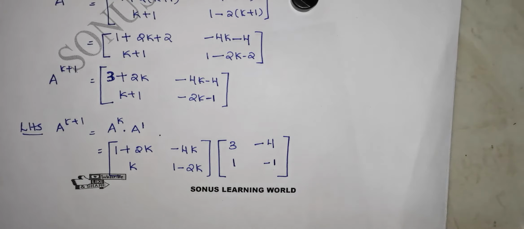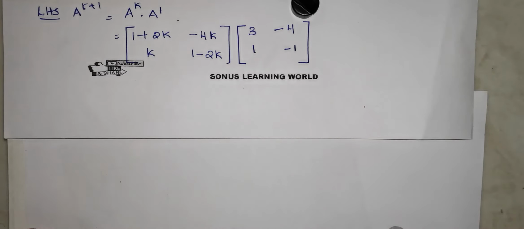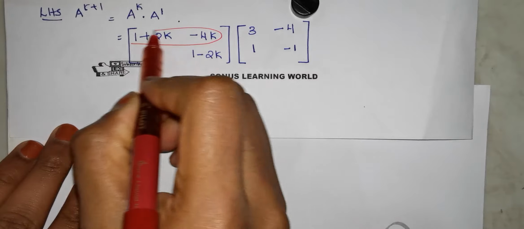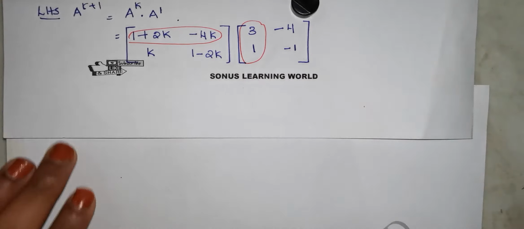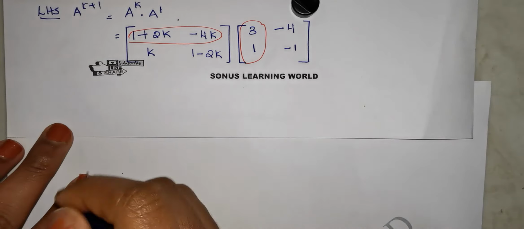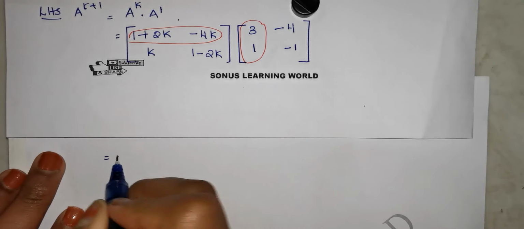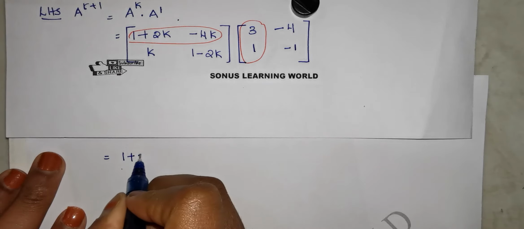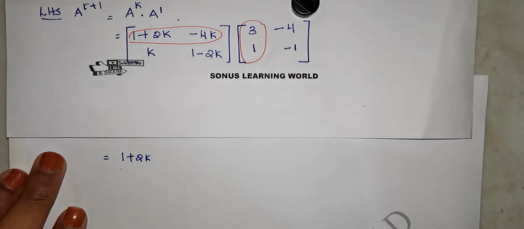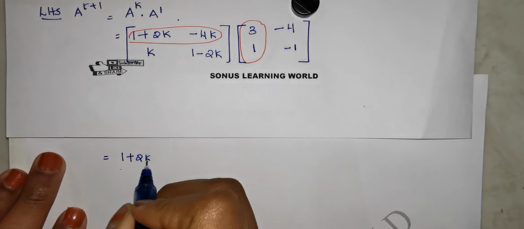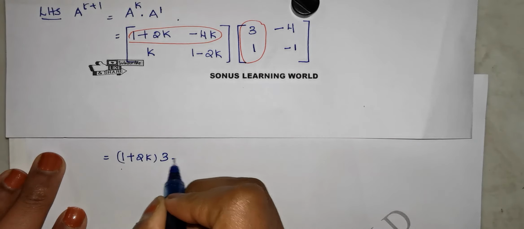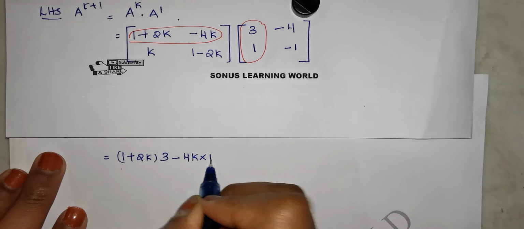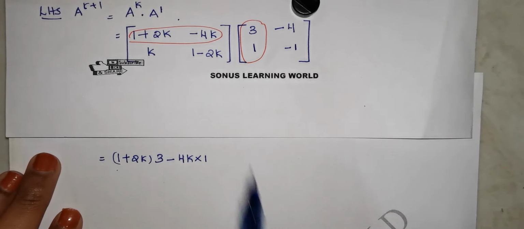So what is the next step? We have to multiply these two matrices. I am taking this row and this column. That is equal to (1+2k) into 3 minus 4k into 1, that is my first element.